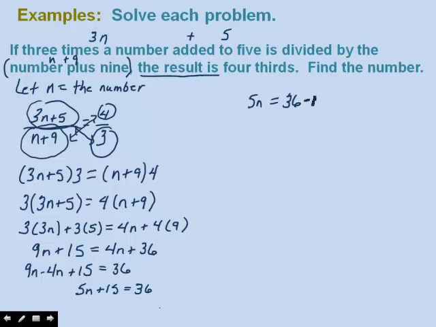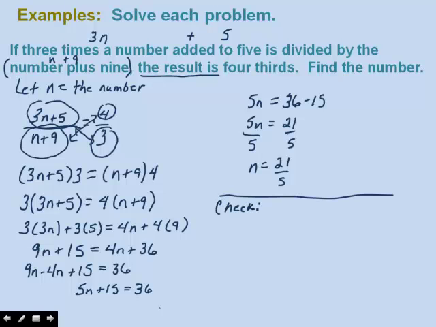So that gives us just 5n on the left side and 36 minus 15 on the right side. And 36 minus 15 is 21. So now if we divide both sides by 5, that gives us n is equal to 21/5.